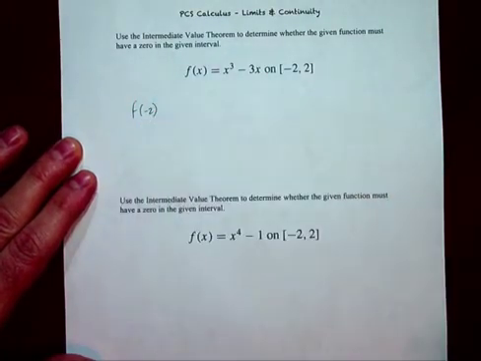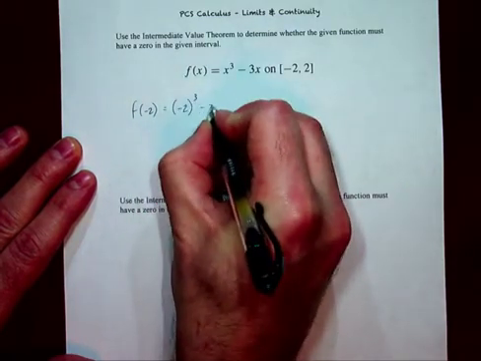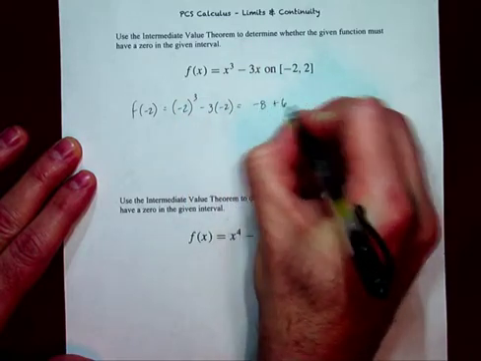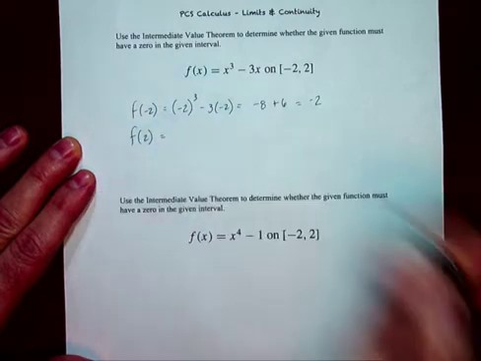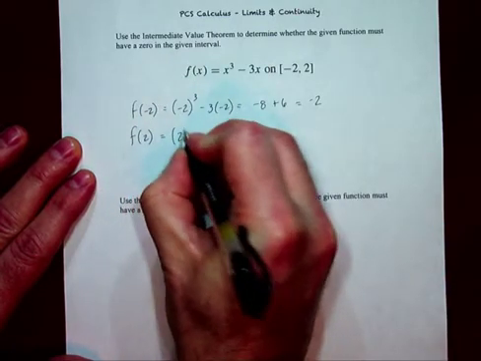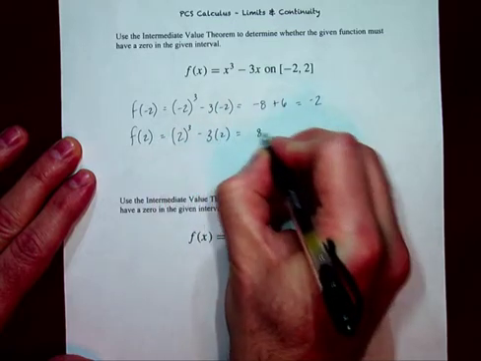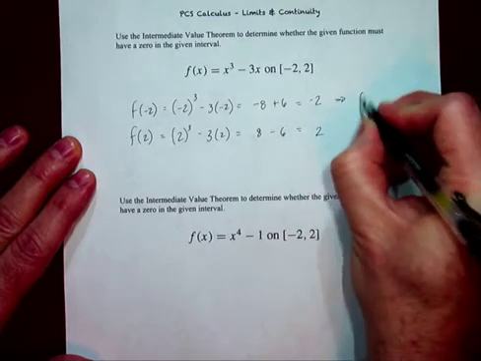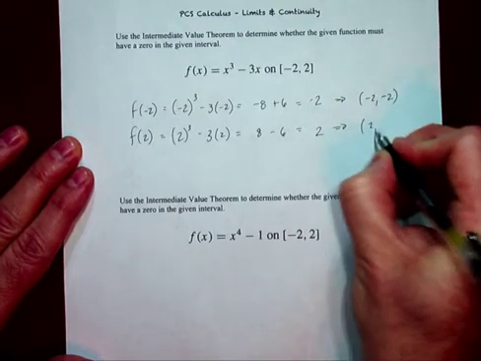And it winds up being relatively easy. We simply have to plug in -2, which is (-2) cubed minus 3 times -2, which gives me -8 plus 6, or -2. And then I need to plug in 2, and I'm going to get 2 cubed minus 3 times 2, which is 8 minus 6, or positive 2. So this gives me the ordered pair (-2, -2). This gives me the ordered pair (2, 2).